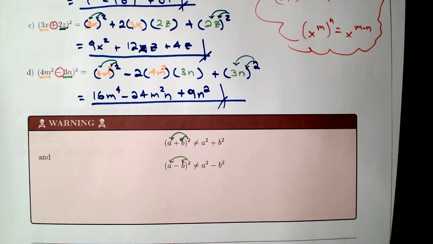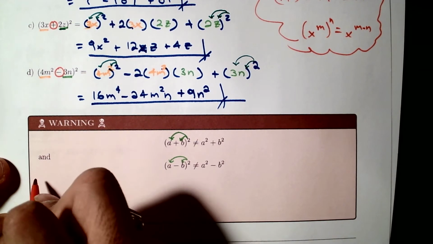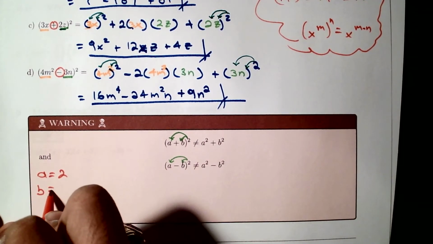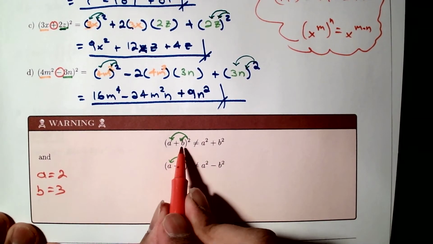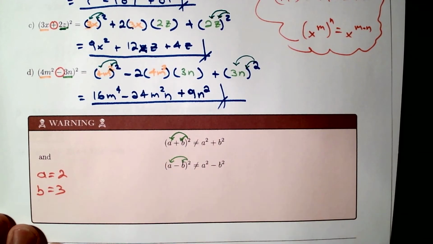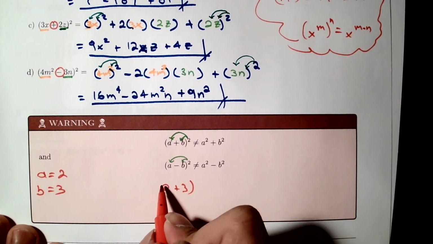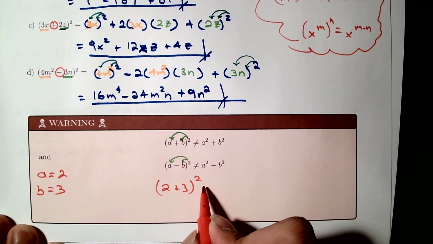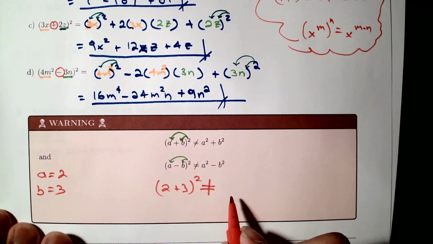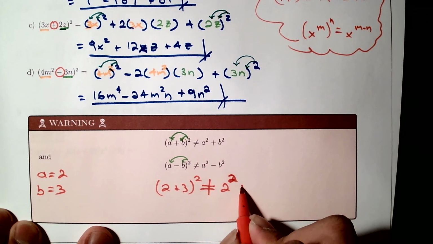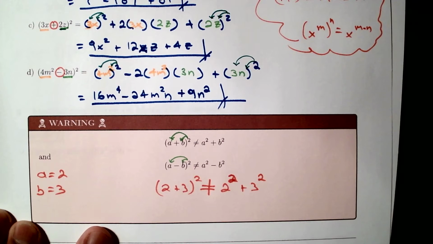And in this case, let me give you an example. So you might want to suppose that a equals 2 and b equals 3. So I'm going to do the first example only. a plus b, which is 2 plus 3, quantity squared. In this case, this is not equal to 2 squared plus 3 squared.